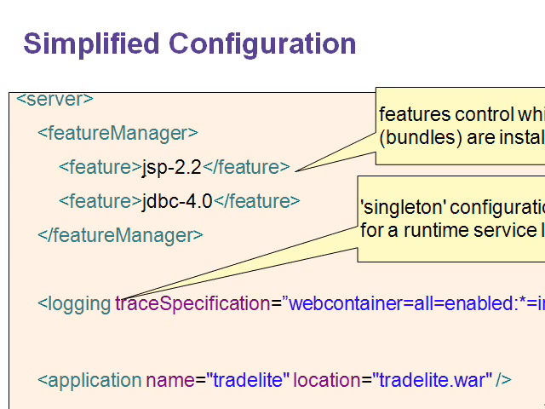So there is logging, for example, which is a singleton configuration. And there are instance configurations which are instance-based. For example, you have an application trade light, and then you can have several other applications. You have a data source, you can have several other data sources. So these are instance specifications which you can also make in server.xml.